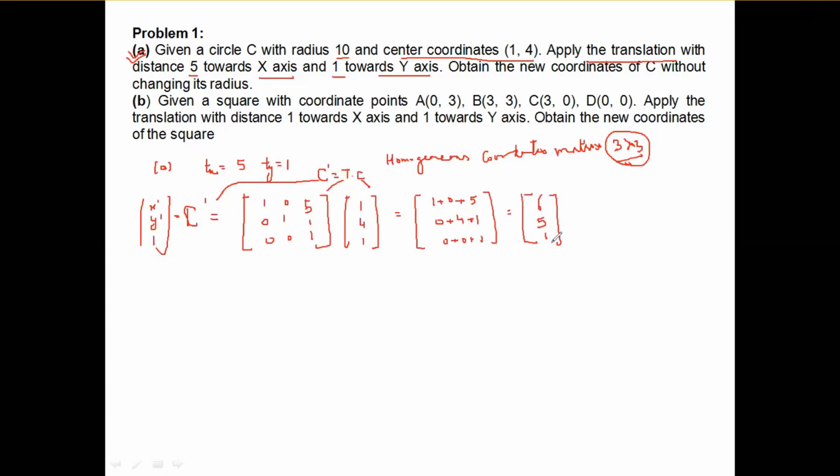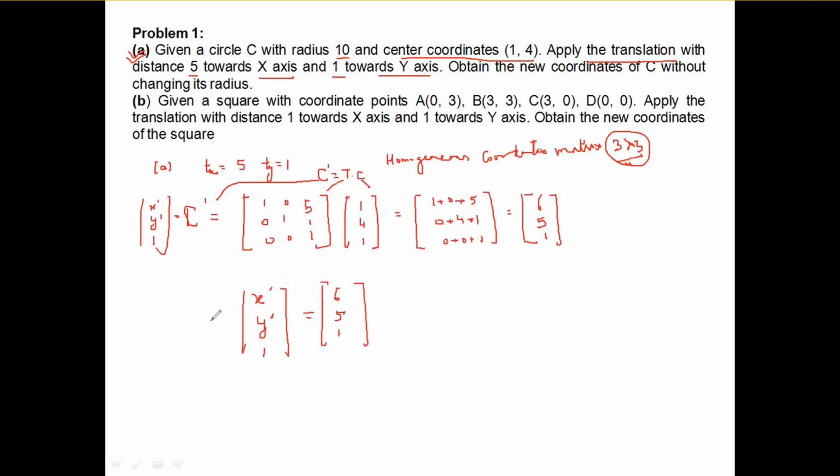So the new center point of the circle will be x dash, y dash, 1, equal to 6, 5, 1.